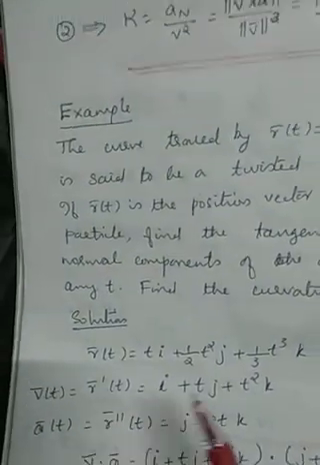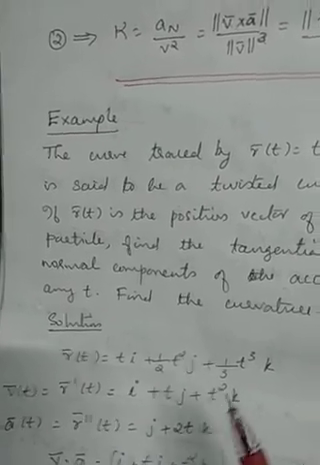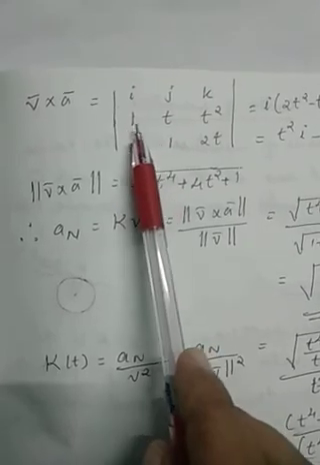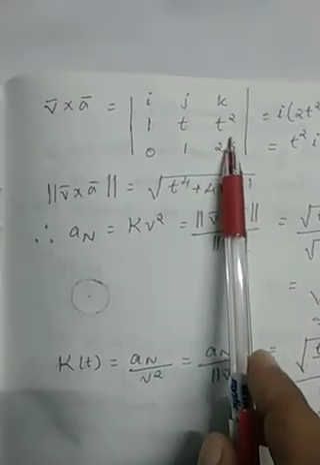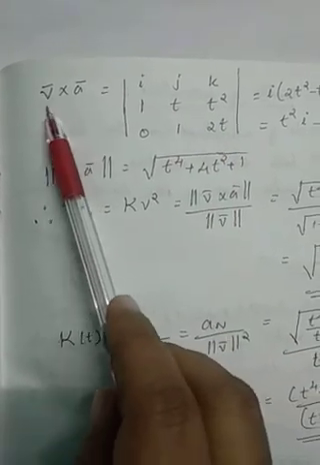V is equal to I plus tj plus t square k. So, the second row becomes 1, t, t square.